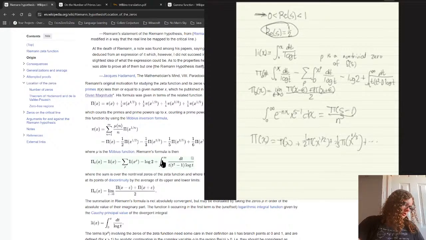Okay, and then little pi is the prime counting function.